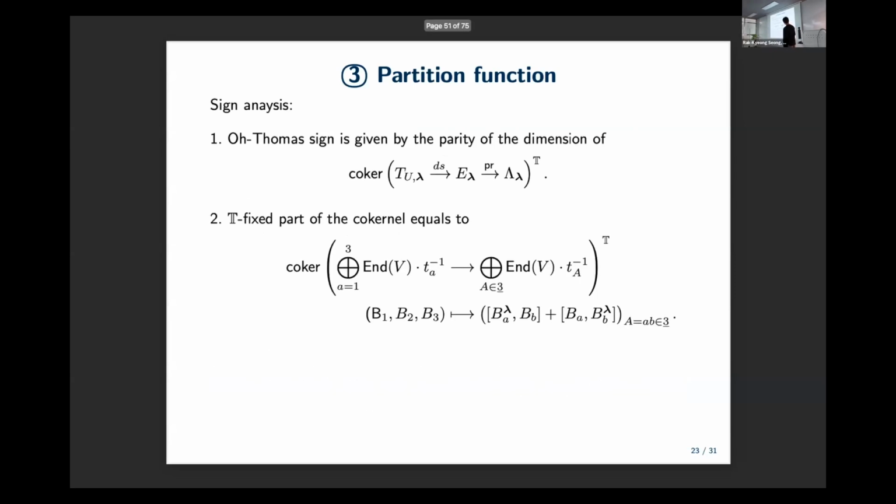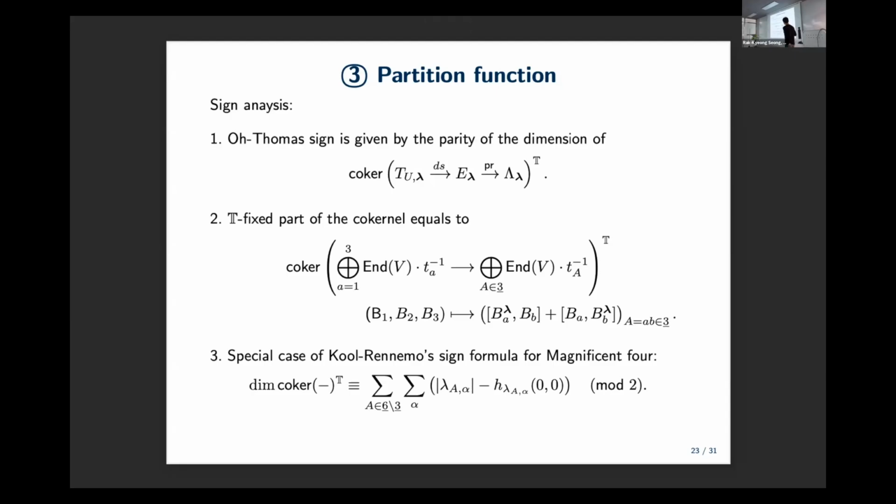And then we show that the dimension of the T-fixed part of the cokernel is the same as that of the following much simpler linear map. And this linear map, of course, depends on which fixed point we are looking at, corresponding to the tuple of partitions. Such a dimension was computed by Kool and Rennemo in their solution to the Magnificent Four conjecture by Nekrasov and Piazzalunga.